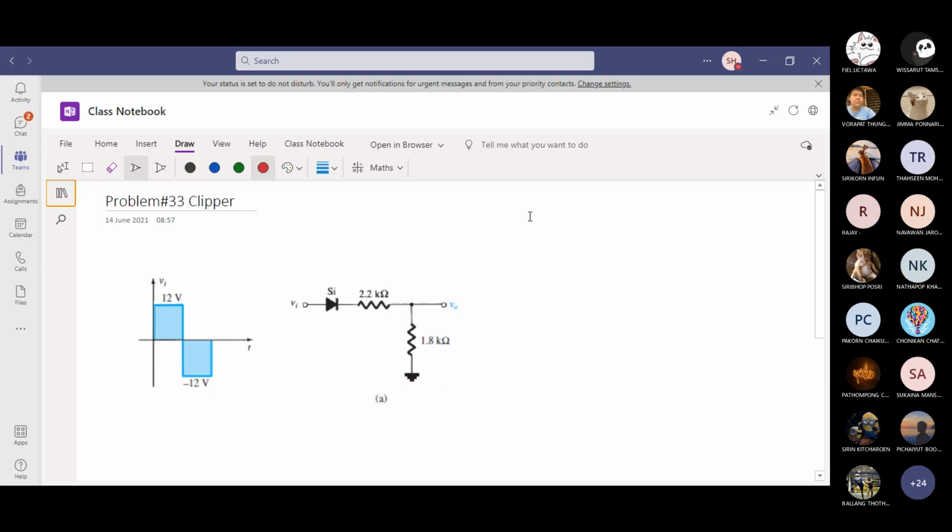Okay, I'm going to the next student on the list, Mr. Jimma. I would like you to consider the positive half cycle now, which is 12 volt peak, only the positive half cycle, which means you have plus minus 12.